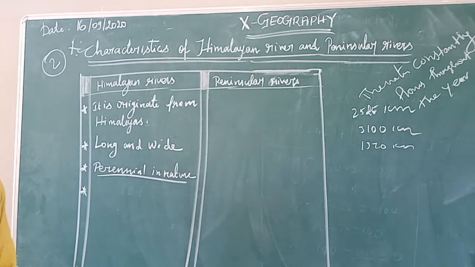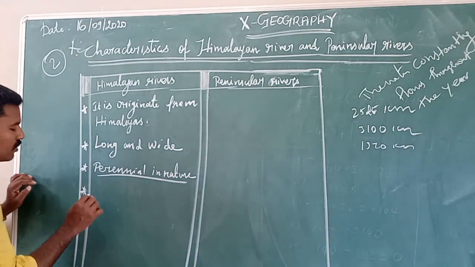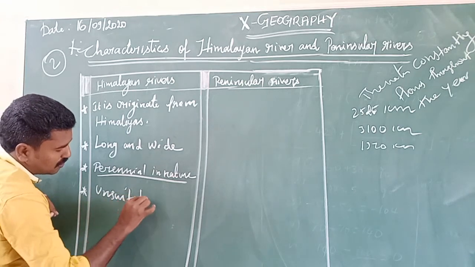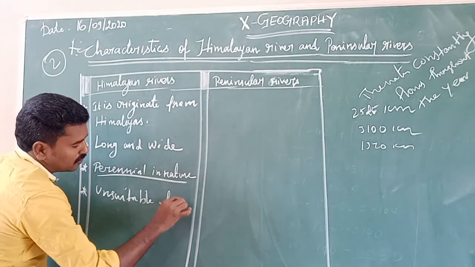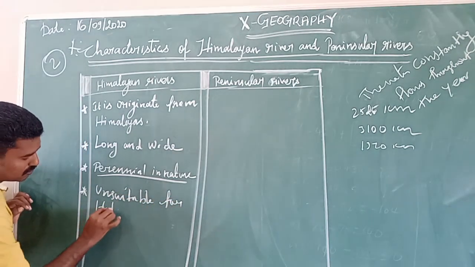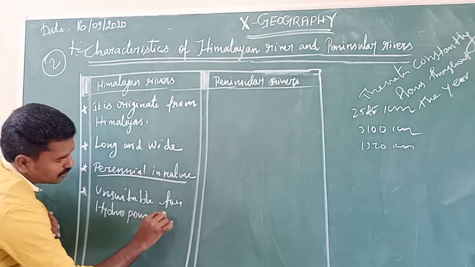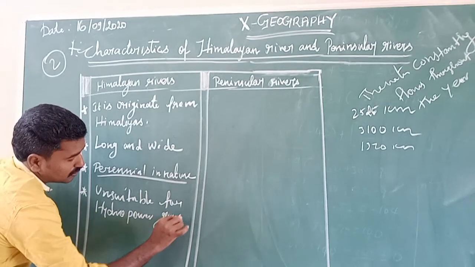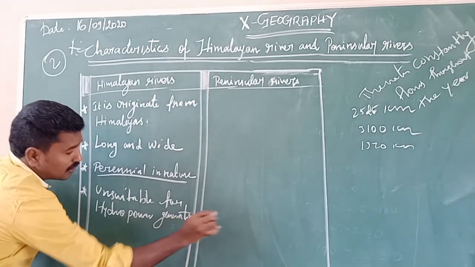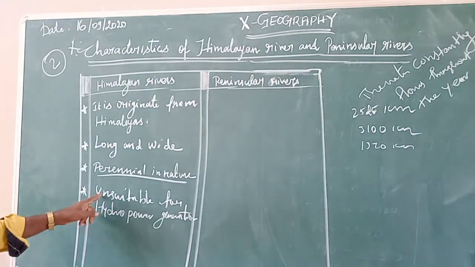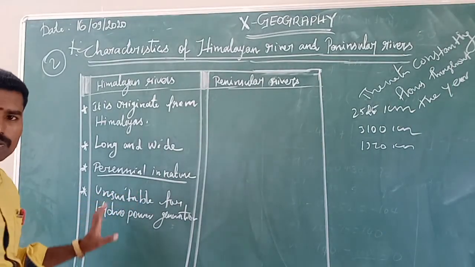The fourth important point is unsuitable for hydropower generation. Here, unsuitable for hydropower generation is a very important point.